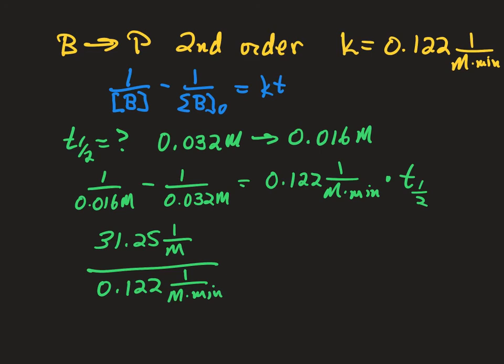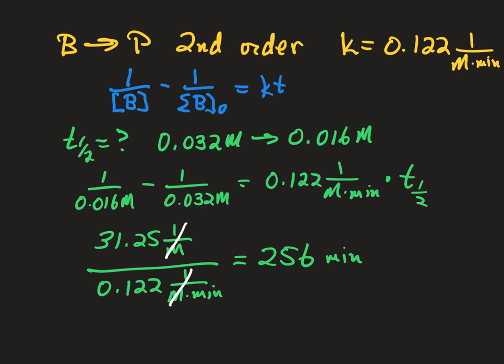The 1 over molar cancels, leaves us 1 over minutes in the denominator. When we divide, we invert and multiply, and so we get units of minutes, and we find out that the half-life time is 256 minutes for that interval.